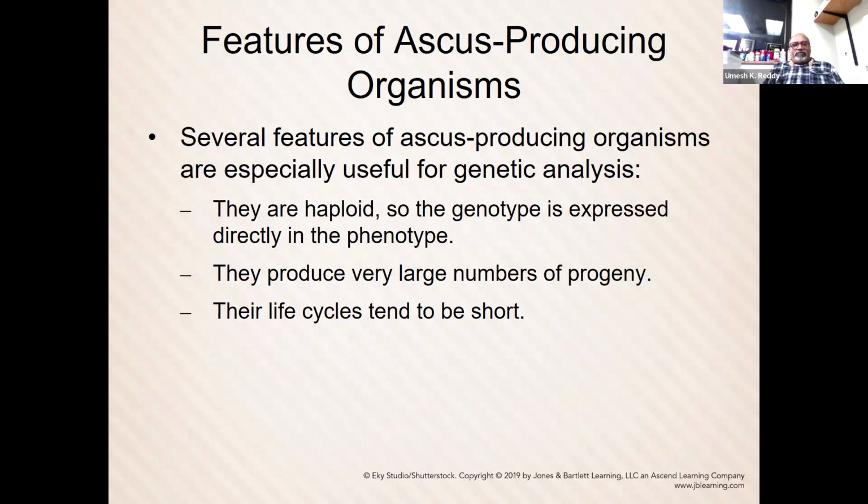So, okay, folks, back to our Neurospora crassa. Neurospora crassa is an ascomycete. It's a haploid. So it produces conidia spores.